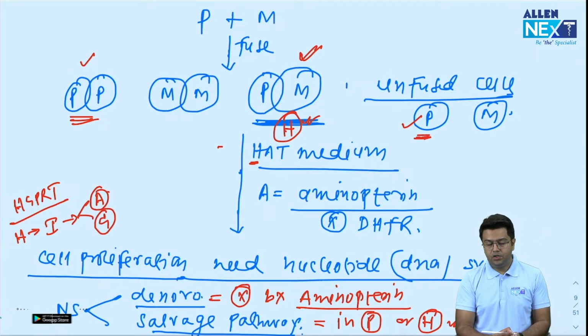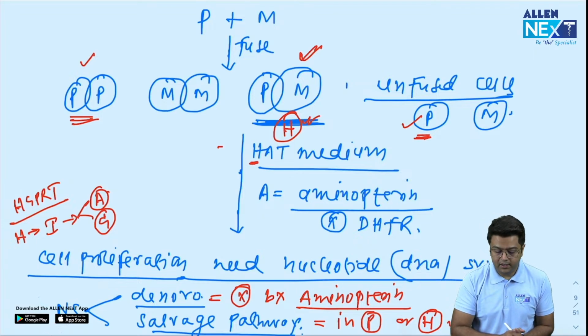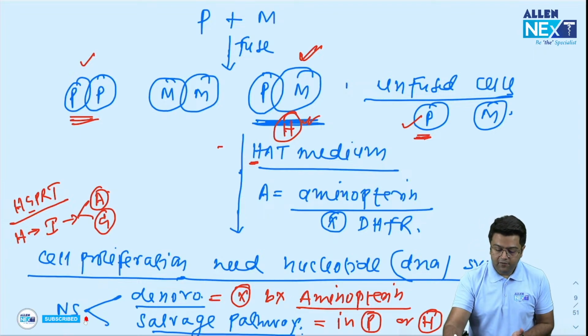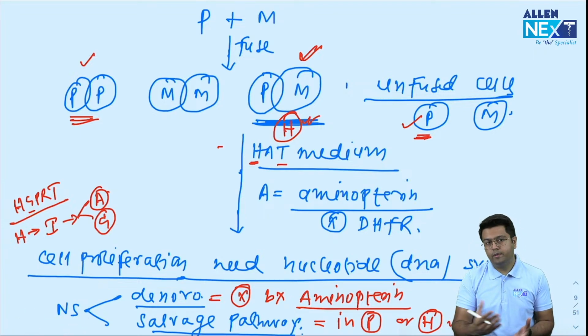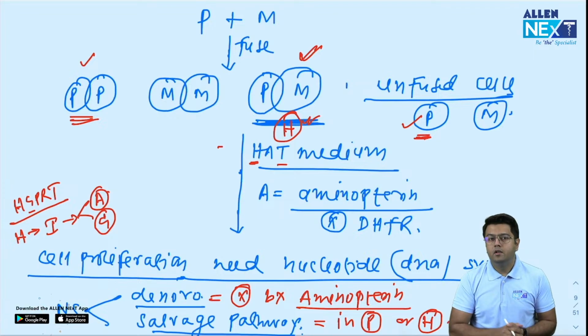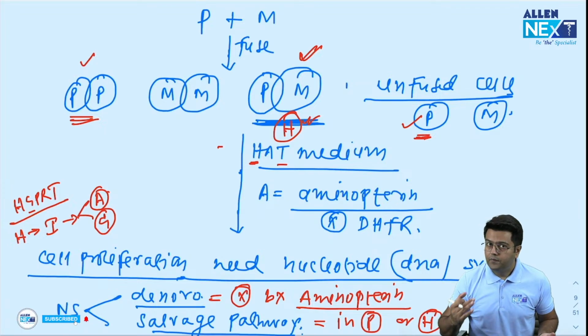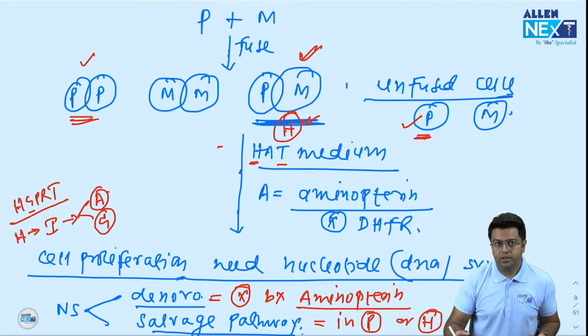It can make the A and G in the pathway, or it can use the free G, which is already present in the cells. And the T for thymidine can also be used by the enzyme thymidine kinase. So basically, this is the salvage pathway which is utilized in the process of hybridoma technology.